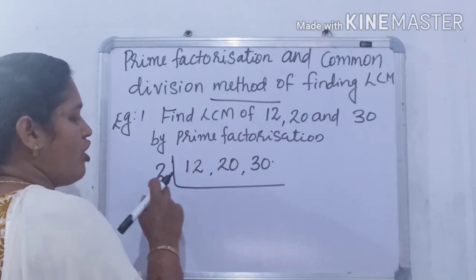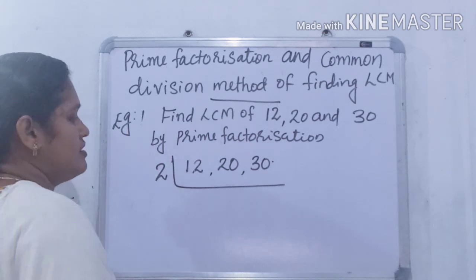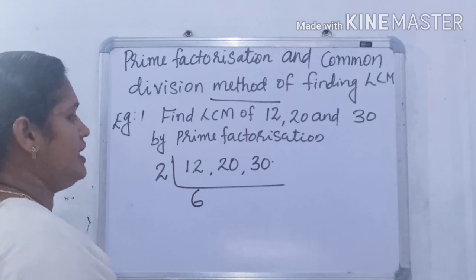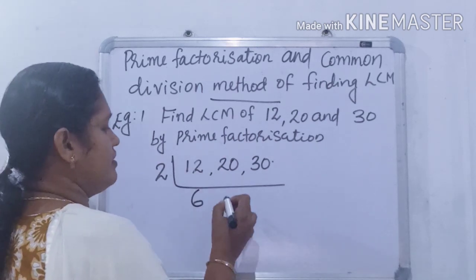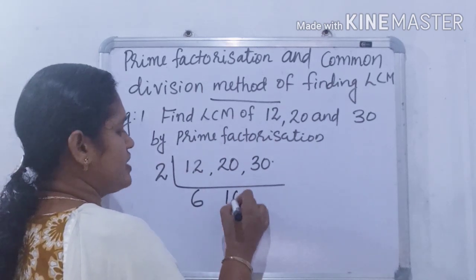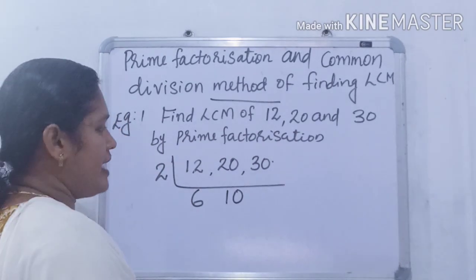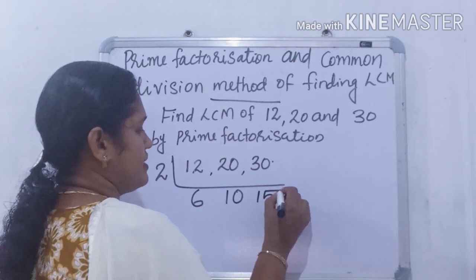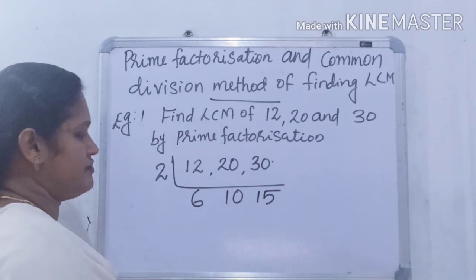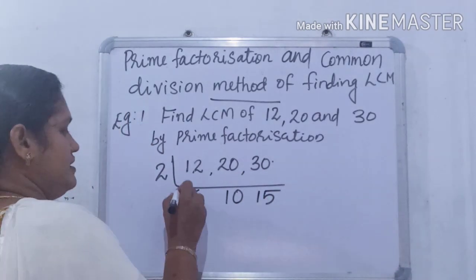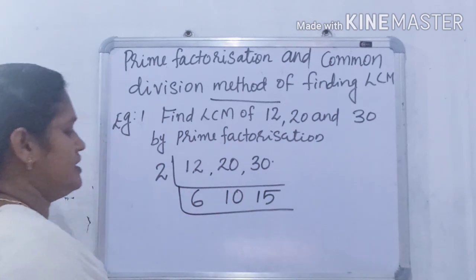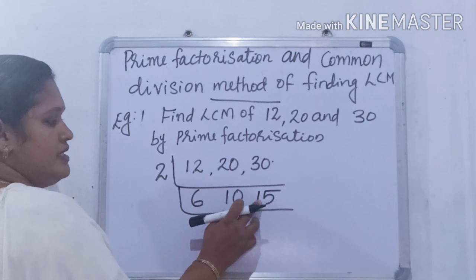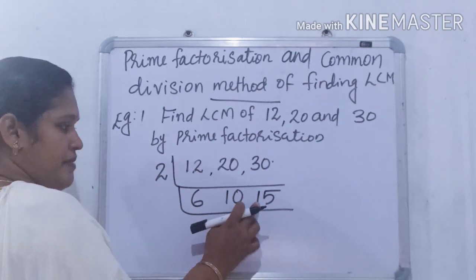In 12 how many 2's are there? 6 2's are 12. In 20 how many 2's are there? 10 2's are 20. And in 30, 15 2's are there. Okay. Then 6 is an even number, 10 is an even number, but 15 is an odd number.